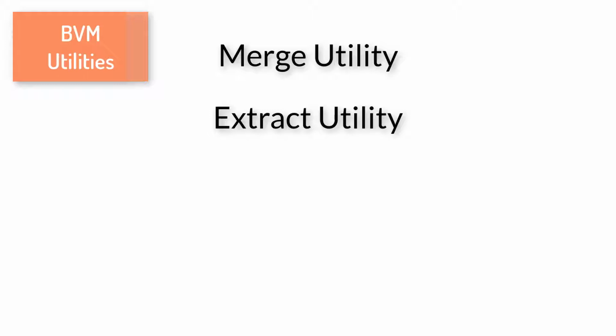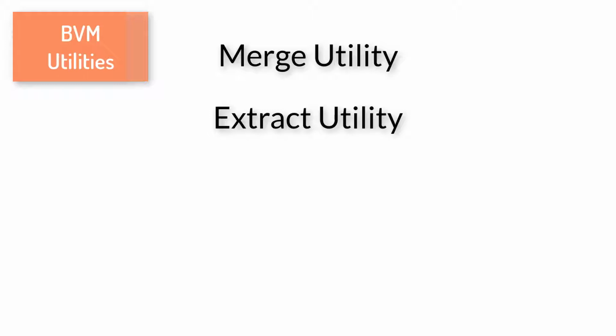Let's say a technician needs to get dispatched from the monitoring headquarters to the battery room and troubleshoot an issue. They would extract from SQL the BVM data they need for that particular battery monitoring system. Then, copy the Access files to their laptop. After troubleshooting and gathering new alarms and data, the technician would then go back to headquarters and merge the data back from their laptop into the central database.